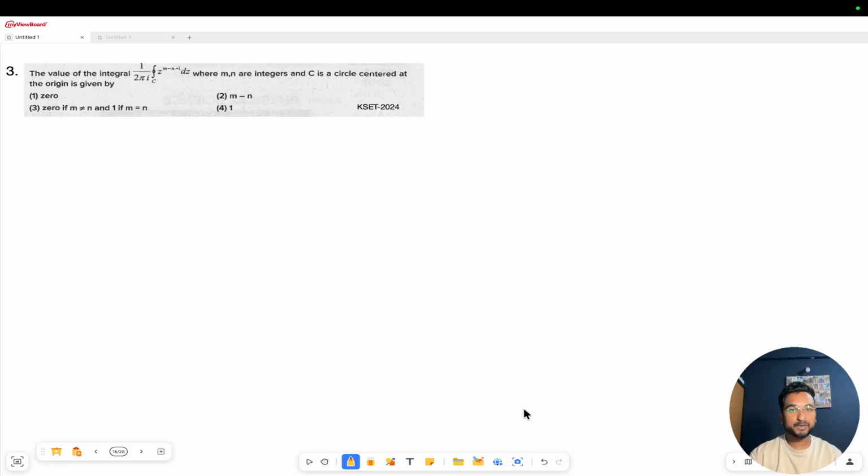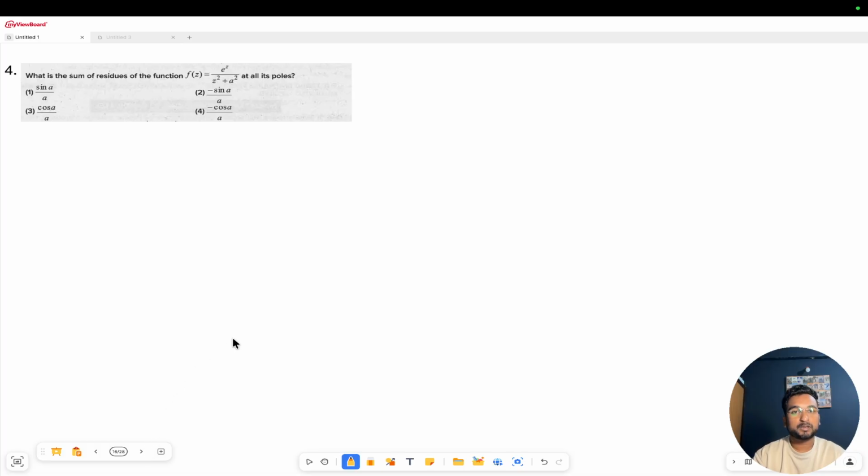So in the previous video, I hope we left off at this question. So moving ahead, let's see what is the next question. Now see, this is the question which says, what is the sum of residues of the function f(z), if f of z is e to the power z over z square plus a square?